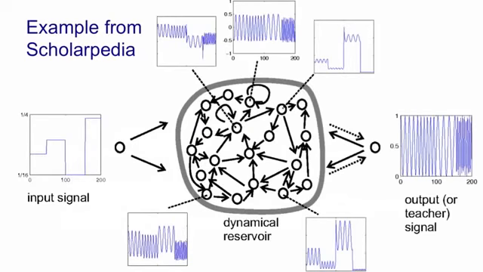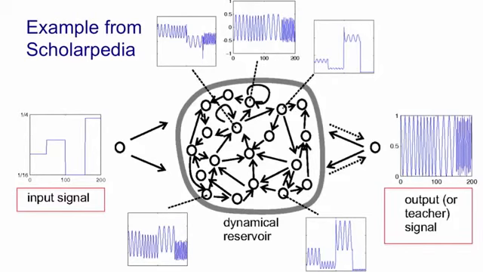So here's a picture taken from Wikipedia of an echo state network doing this problem. The input signal is the desired frequency of the sine wave. The output signal after it's learned, or the teacher signal when it's learning, is a sine wave with the frequency specified by the input. And the stuff in the middle is a big dynamical reservoir so that the inputs coming from the input signal drive those loosely coupled oscillators and cause complicated dynamics that goes on for a long time.